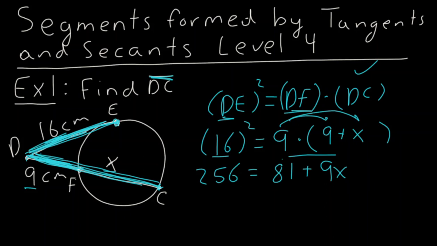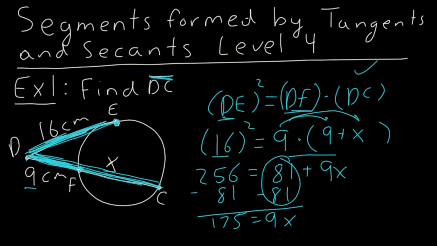Now we simply have to get the X by itself. So what is the opposite of a positive 81? Of course, negative 81. So what we do to the right side, we have to do to the left. And then we'll just do 256 minus 81, which gives us 175 equals, don't forget we have our zero pair there, it goes away, equals 9x.